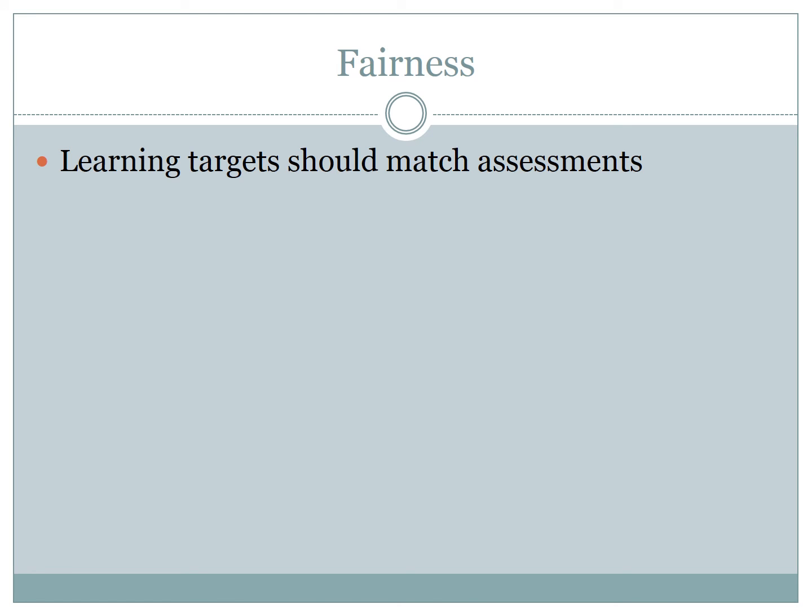To ensure fairness, and I've been saying this again and again, your learning targets should match the assessments. Let's go back to science again: if the learning target has to do with understanding how stars form, then you're not going to give an assessment containing questions on how planets form, unless that is another learning target that's been covered.